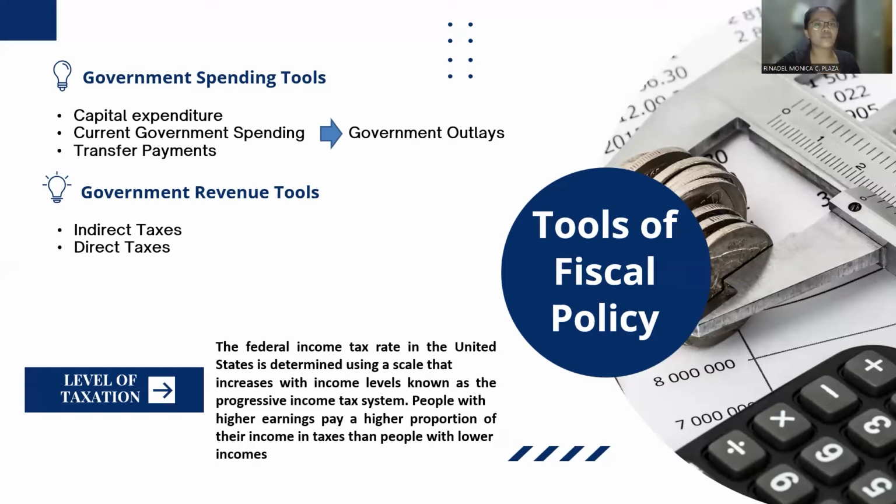The next spending tool is transfer payments. These are the payments made by the government through the social security programs. Transfer payments guarantee a minimum amount of income for low-income people. This gives the government a means to adjust the distribution of income in society.